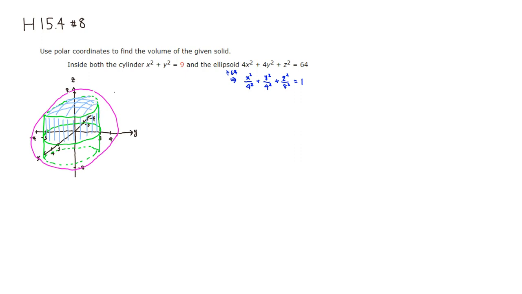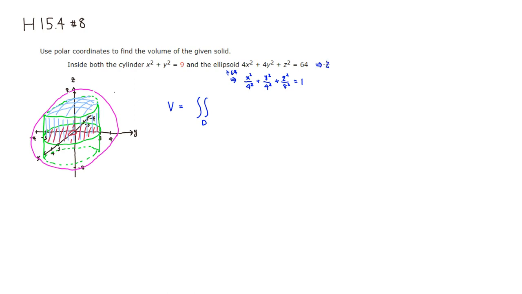Then let's set up the integral here. So here's going to be the volume V, and this is going to be equal to a double integral over this disk D, which I'm going to call D, on the xy-plane. Then the top curve is defined by this ellipsoid, so I can solve this one for z.